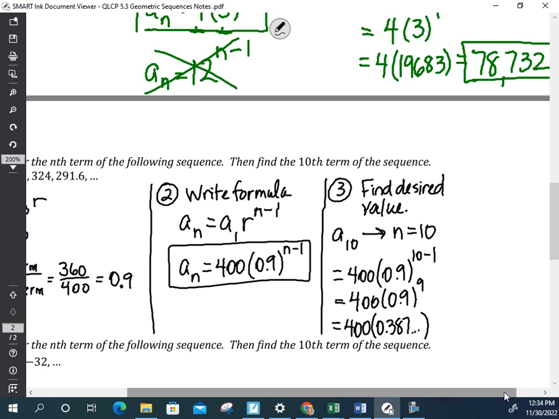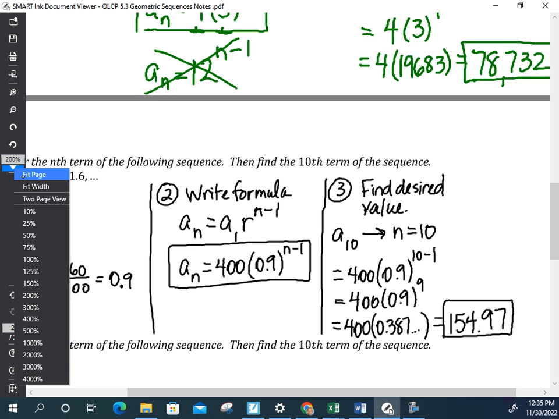I'm not going to write all the numbers for the sake of time. But in your calculator, you can take the decimal answer, multiply it times 400, and you get 154.968, so 154.97. Again, I rounded to 2 decimal places because I'm always in the mode of thinking about money, and money goes to 2 decimal places.